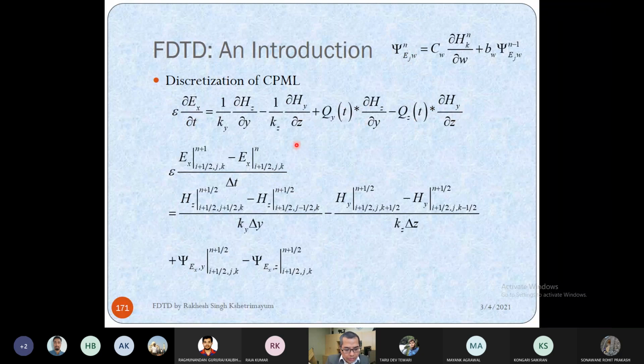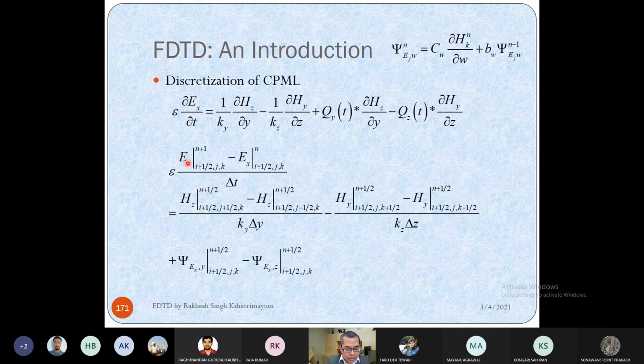So we can write the update equation now. Look at the left-hand side. This is a very simple update equation for the electric field, the partial derivative of the electric field with respect to time. So epsilon del Ex by del t equal to, you can write the update equation as Ex.